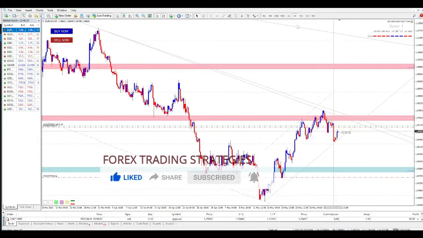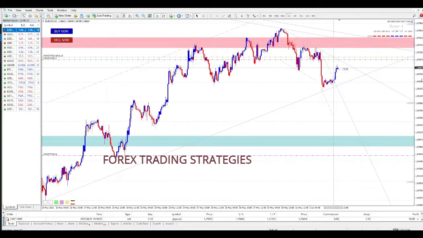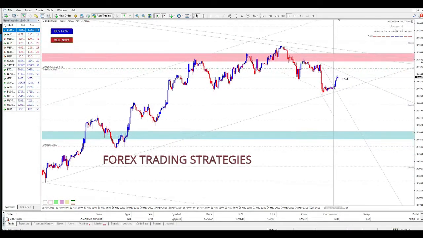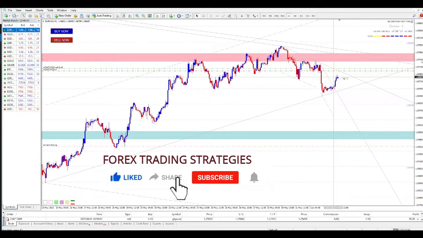Here's the thing. I know people will probably say the system doesn't work, your approach doesn't work. But understand that in forex trading or in any kind of trading, the market will always do what the market wants to do.